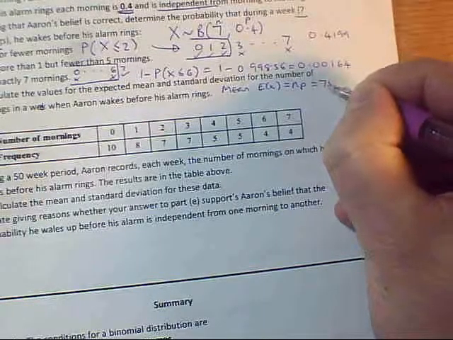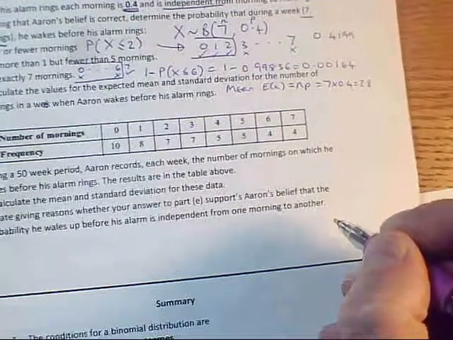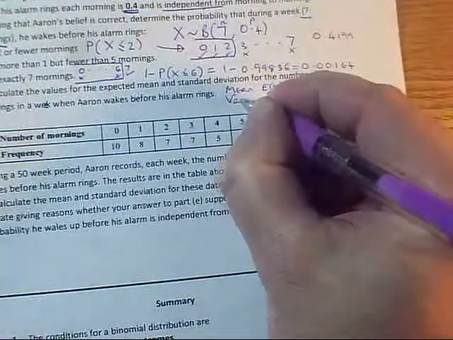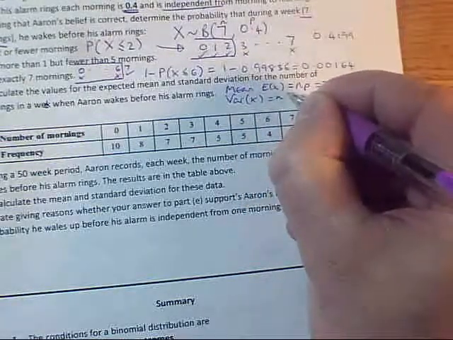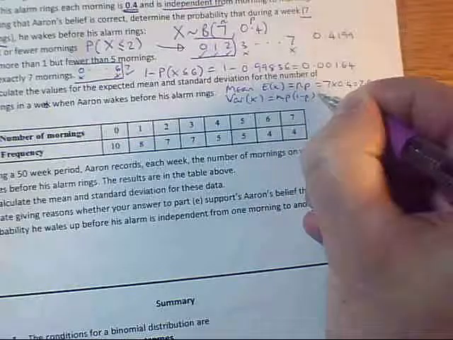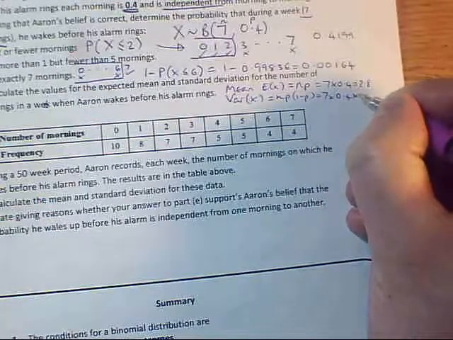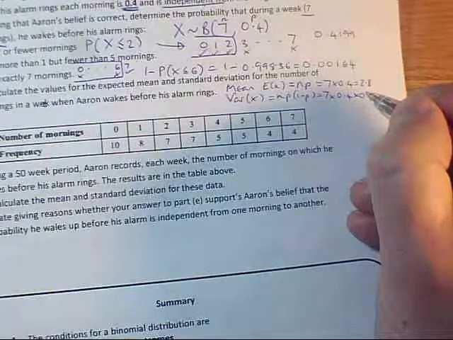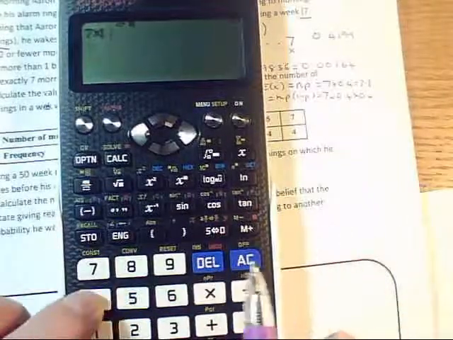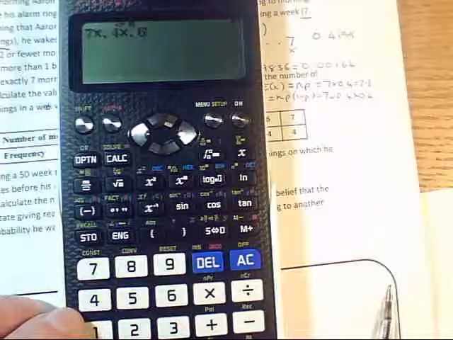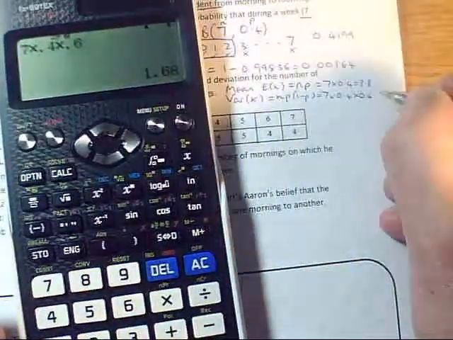So we're going to do 7 times 0.4, which is 2.8. And for the variance of x, it is np(1 minus p), which will be 7 times 0.4 times 1 minus 0.4, which is 0.6. So if I do that calculation, 7 times 0.4 times 0.6 equals 42 over 25, which is 1.68.